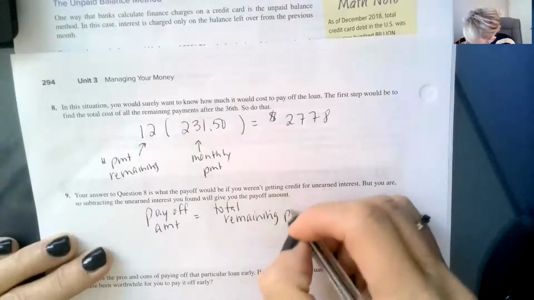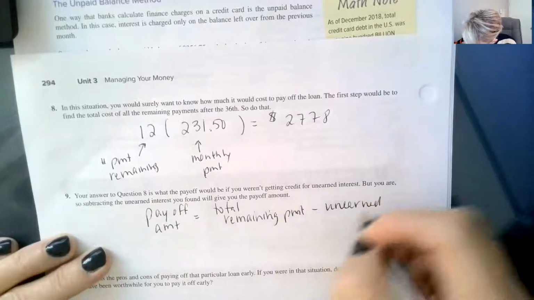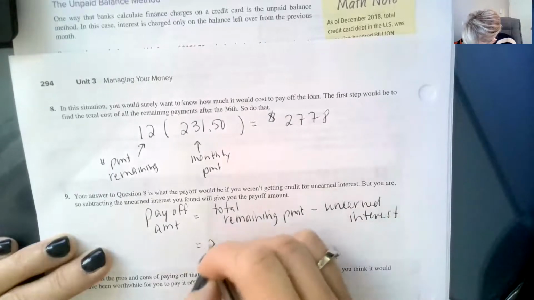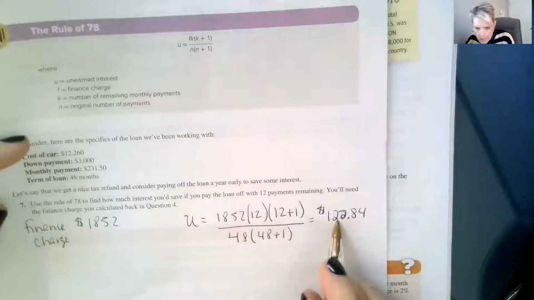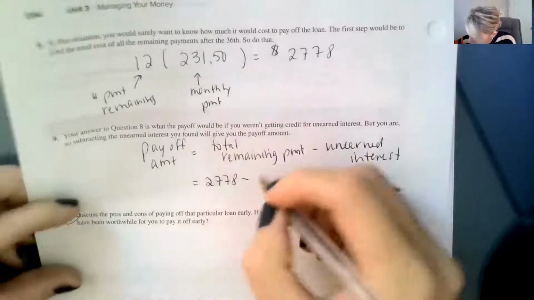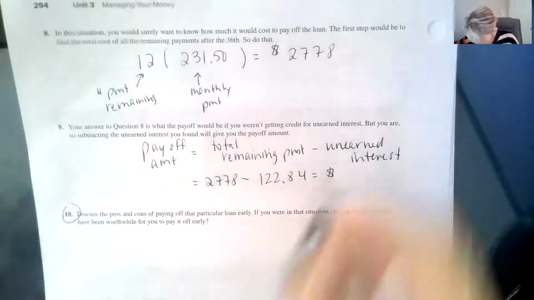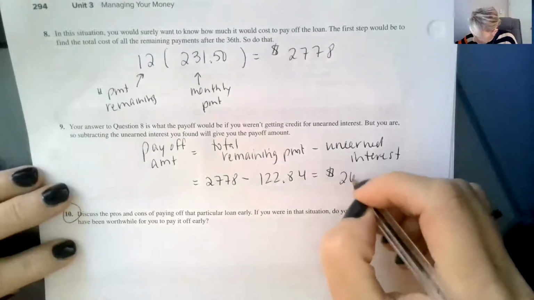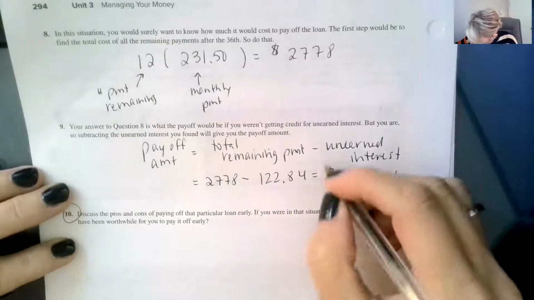So that would be 2,778 minus the 122.84. So their payoff amount should be, and you should practice typing this in as well, $2,655.16.